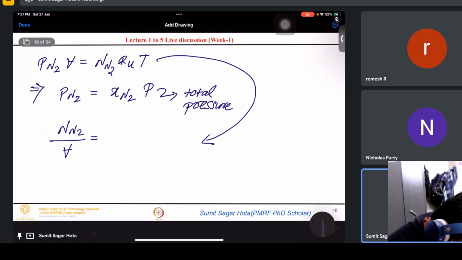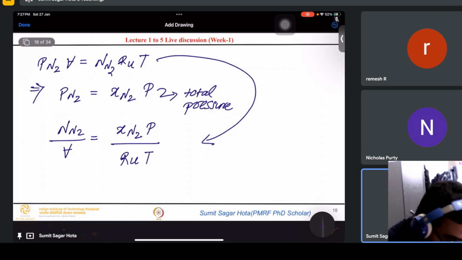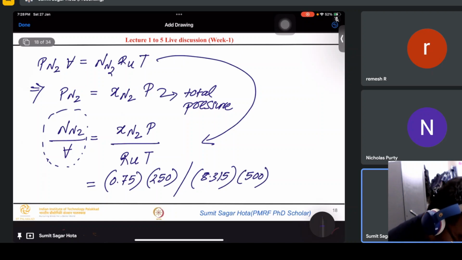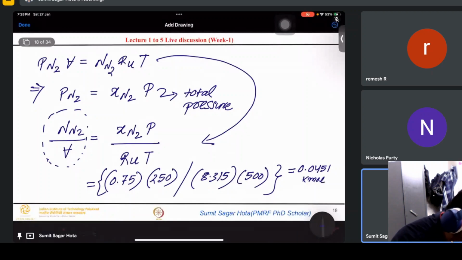Substitute P of N2 in this equation 1, and we get the molar concentration in kilomole per meter cube.